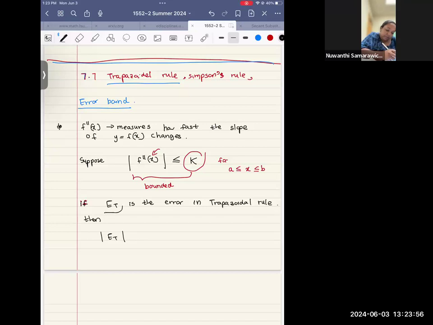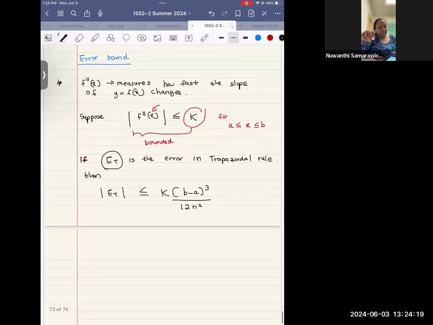If we denote the error of using the trapezoidal rule by ET, this is always bounded by K (b minus a)^3 over 12n squared.